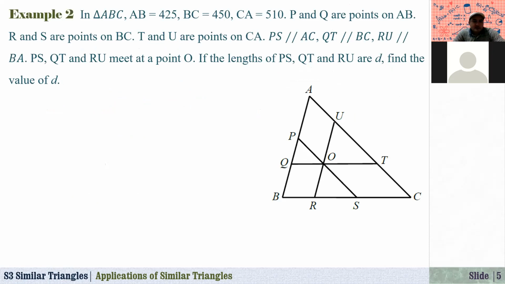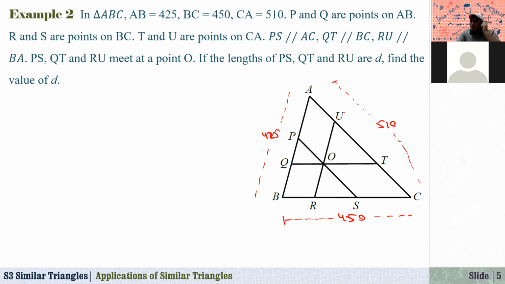Okay. Another example, example 2. In triangle ABC, AB is equal to 425, BC is equal to 450, and AC is equal to 510.